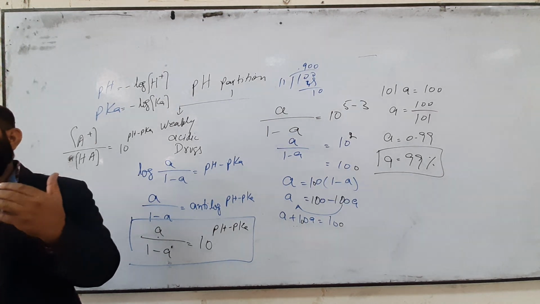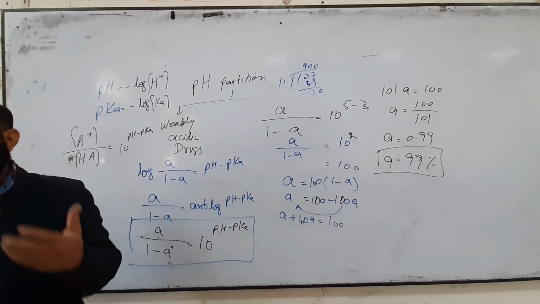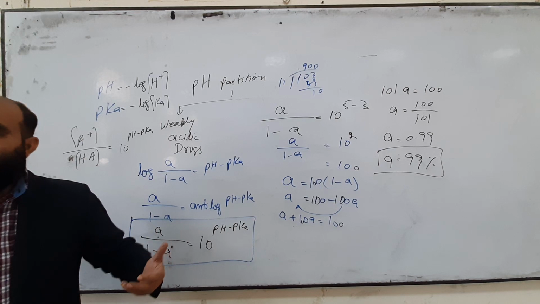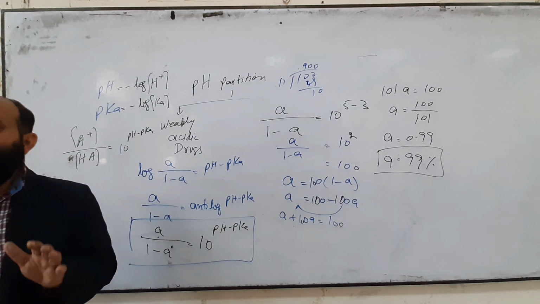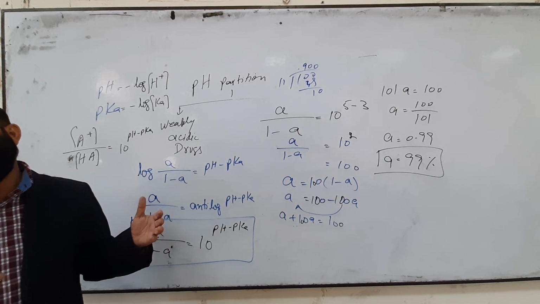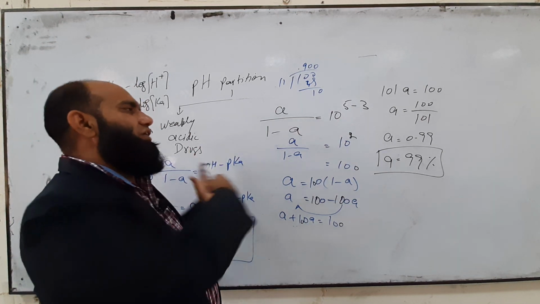In the oral cavity, what will happen with acetylsalicylic acid? In the stomach, what will happen? In the intestine, what will happen? We can check only by taking the pKa of the drug and the pH of the medium.